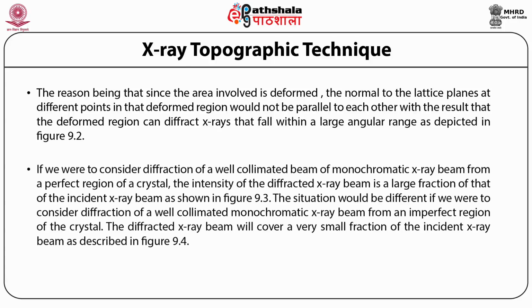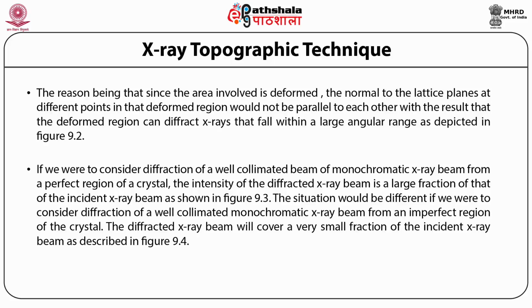If we were to consider diffraction of a well-collimated beam of monochromatic X-rays from a perfect region of a crystal, the intensity of the diffracted X-ray beam is a large fraction of that of the incident X-ray beam, as is shown in figure 9.3.